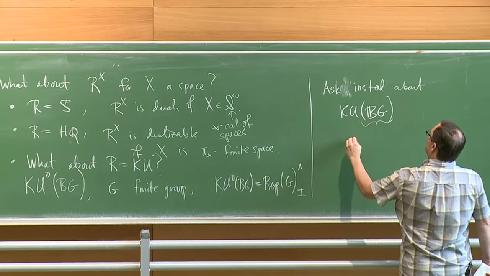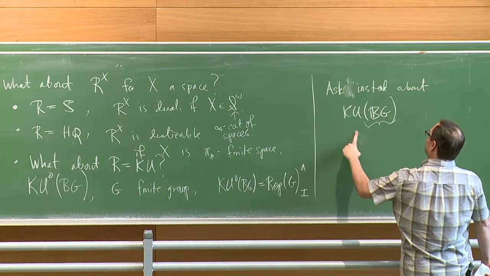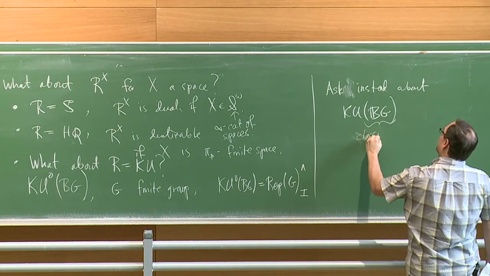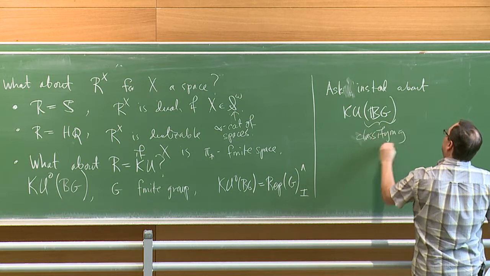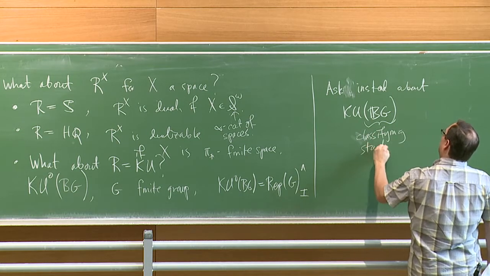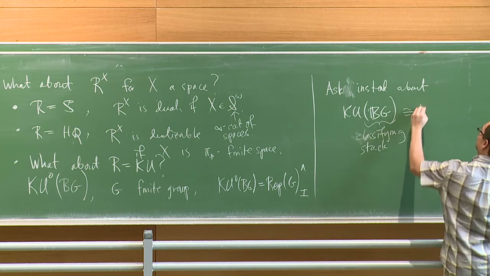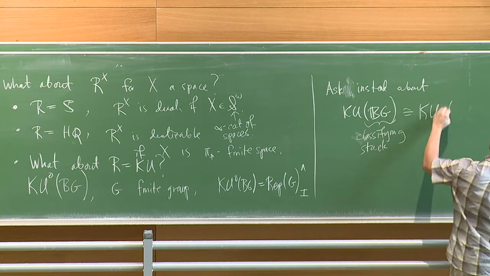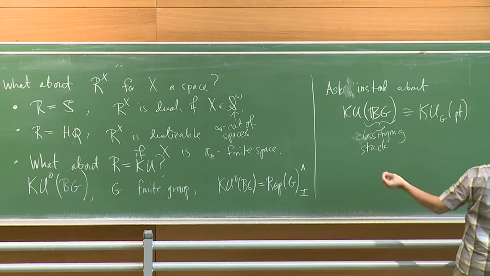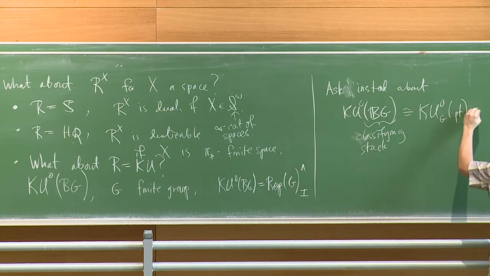So this is the classifying stack for principal G bundles. So we know that this is the same as the G equivariant K-theory of a point, which, let's say in degree 0, is the actual representation ring of G, which is free on the irreducible representations.